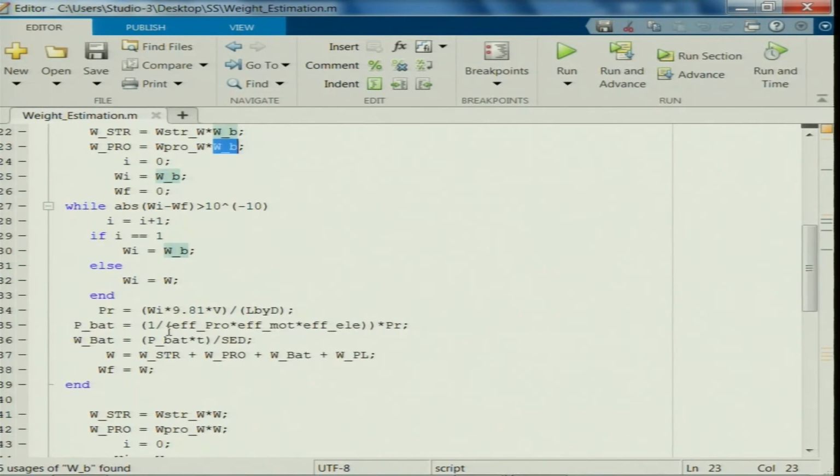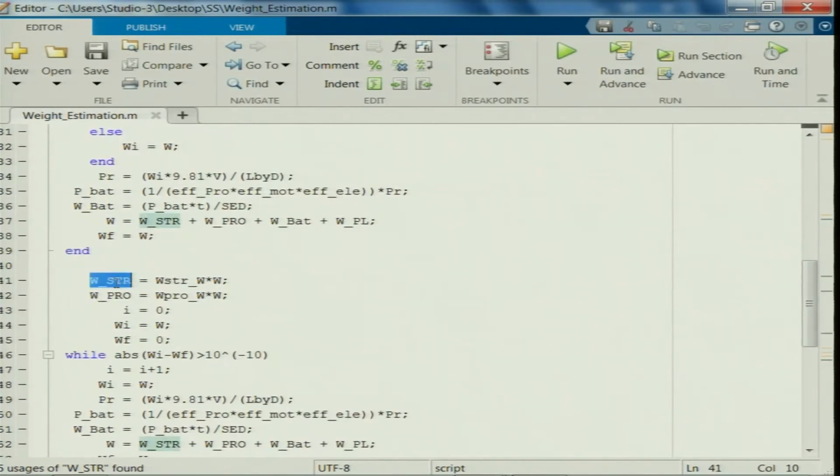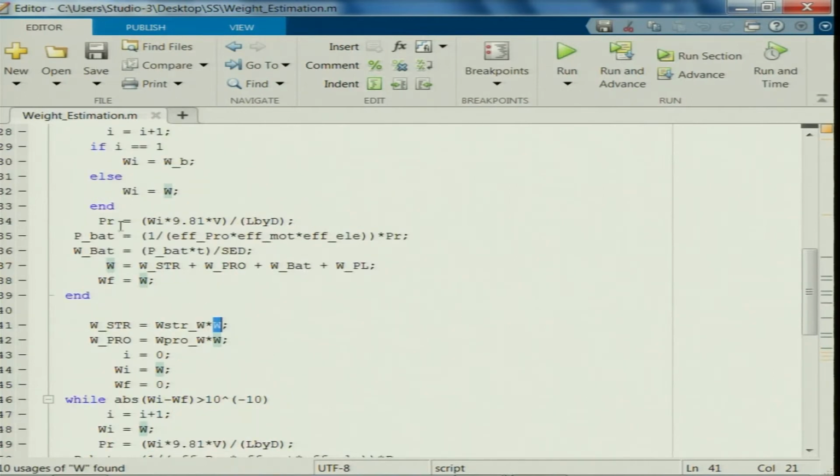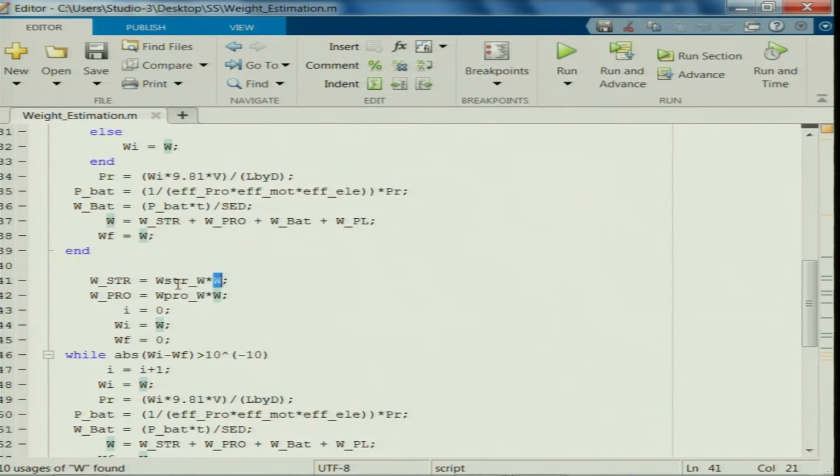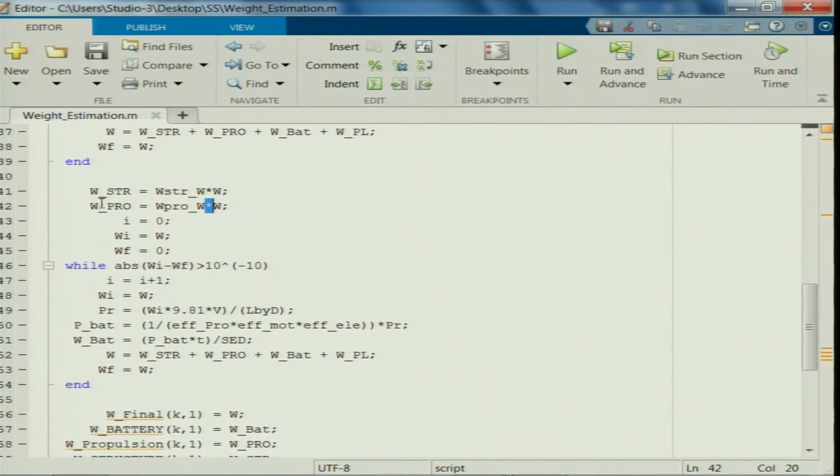So, after this first while loop, the structural weight is updated by means of the current weight of the aircraft, which was obtained from the above loop, where the battery weight has been updated based upon the current mission requirements. From there, the weight of the propulsion system is also updated. Now, this structural weight and propulsion weight correspond to the current UAV for the current mission requirements.